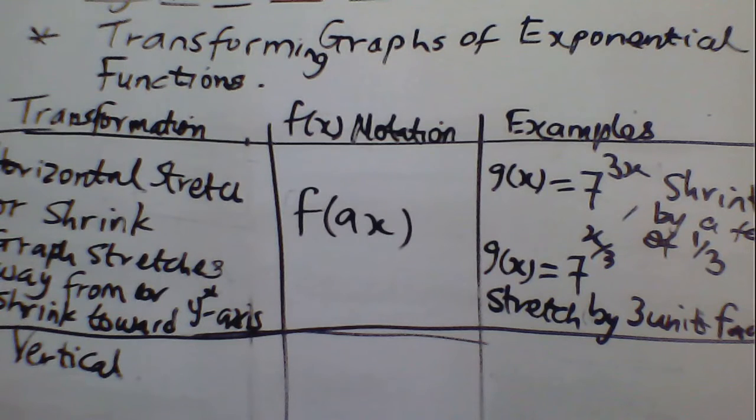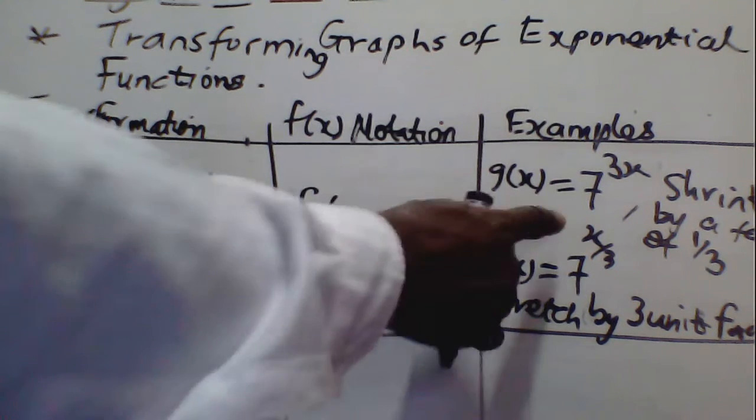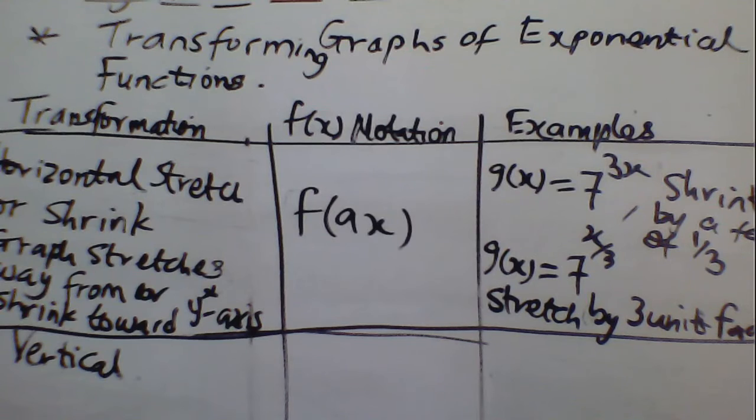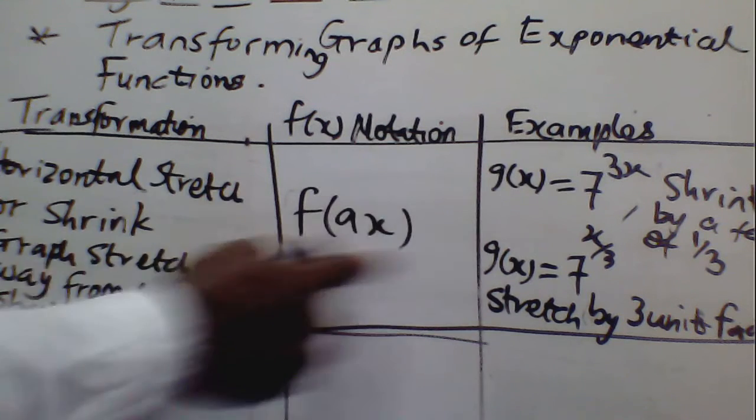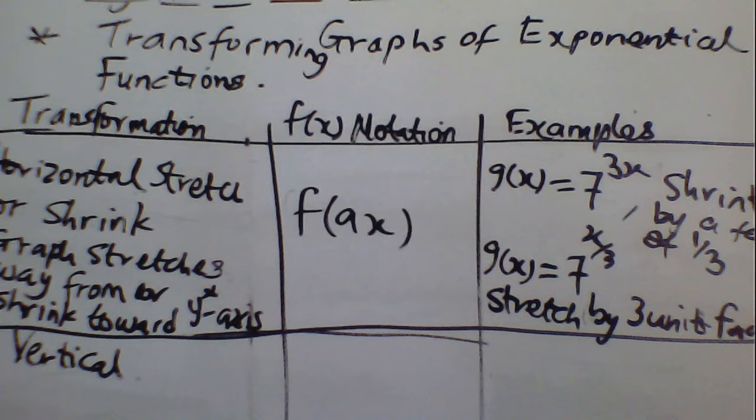So if it is in this type, when the exponent is x over 3, in this case, a is a fraction. It will stretch by a 3 unit factor. We have treated that for horizontal there is always a reciprocal when we are treating stretch and shrink in the previous lessons.